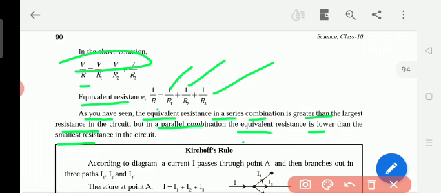The equivalent resistance means all the resistances together is very low, lower than the smallest resistance in the circuit.